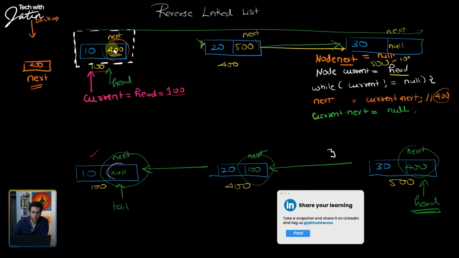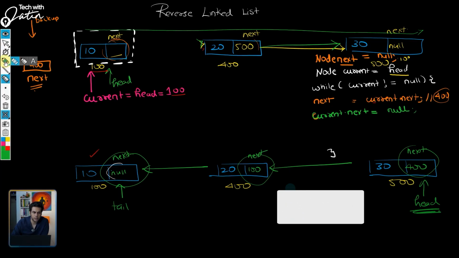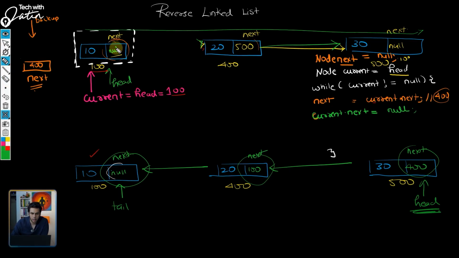Now I am able to update this with null. And I don't have to worry also. Why? Because I know where the next node is.